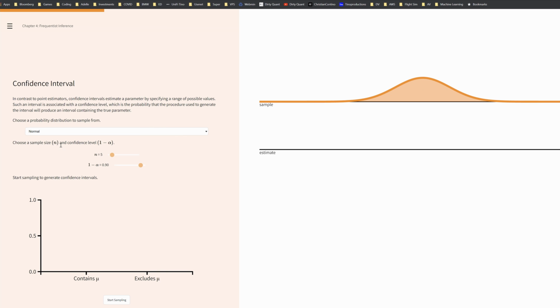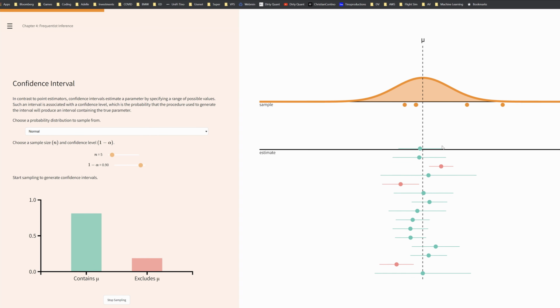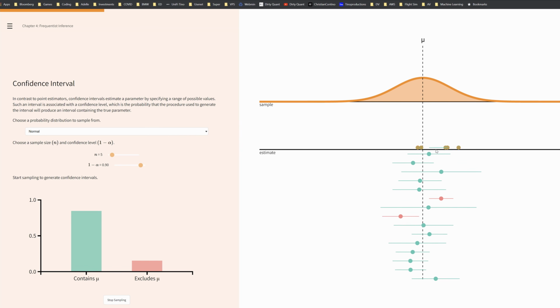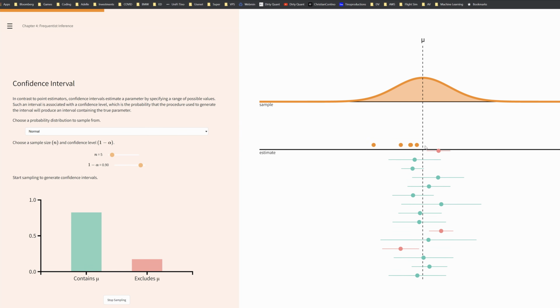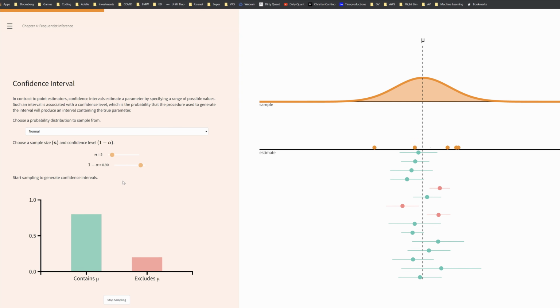Let's just look at normal. Makes everyone's life easier. So that's my mu. Contains mu, excludes mu. So what happens here? We sample 5. We're going to sample there. Does it contain mu? You're going to have an average. Do we keep hitting the average? Yes or no? So that's my confidence interval.